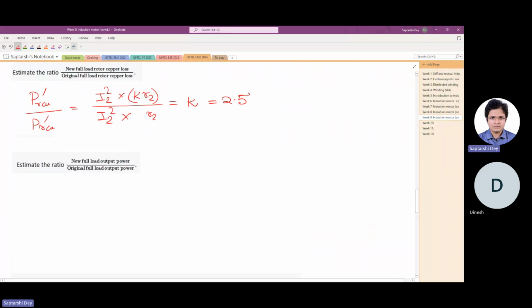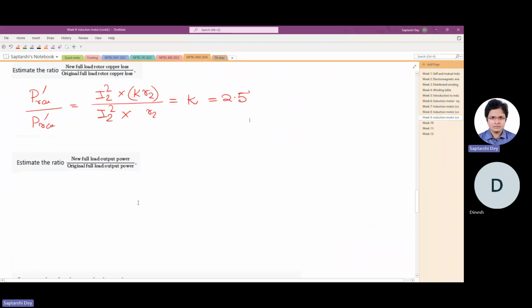Next part is estimate the ratio of the new full load output power to the original full load output power.